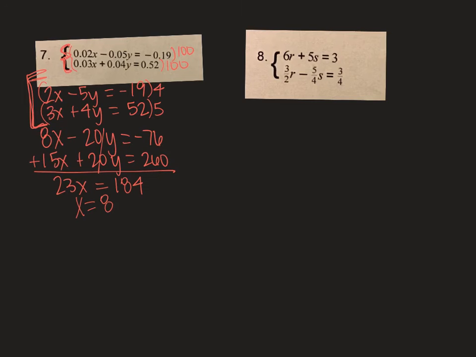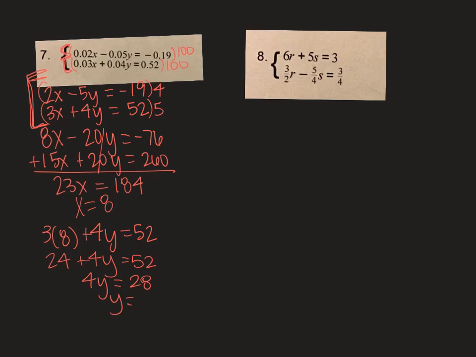Since the bottom one is all positive numbers, I'm just going to plug into that one. So 3 times 8 plus 4y equals 52. 3 times 8 is 24. I'm going to subtract my 24. So 4y equals 28. And then I'm going to divide by 4 to get 7 for y. So I just end up with the ordered pair 8, 7.